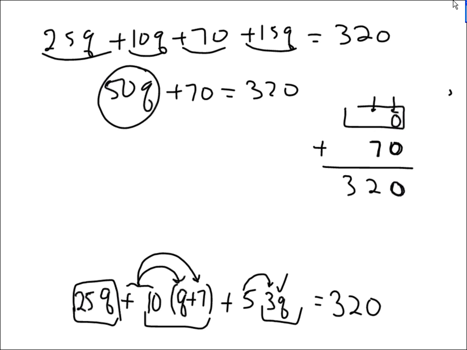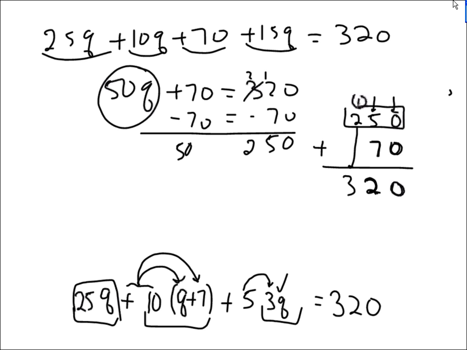So when you add 7, you would put a 2 down. The answer is 5. 5 plus 7 is 12. Bring down the 2, carry the 1. 1 plus 2 gives you 3. 250. You want to take away 70 from both sides? Fine. I'd rather add than subtract any day.